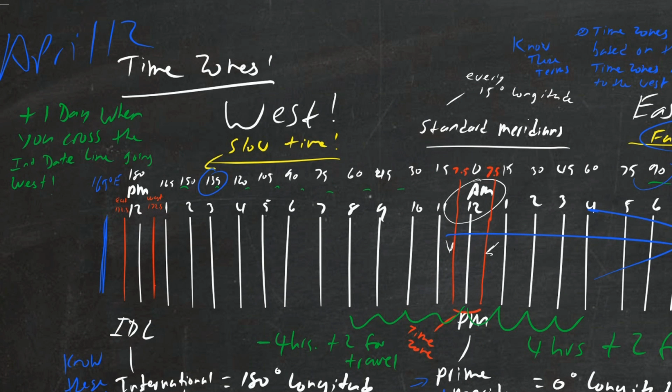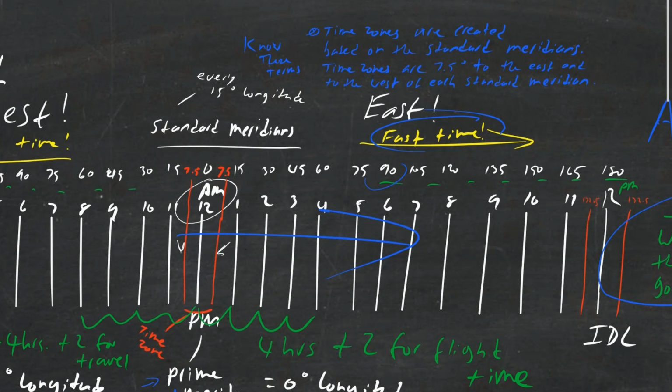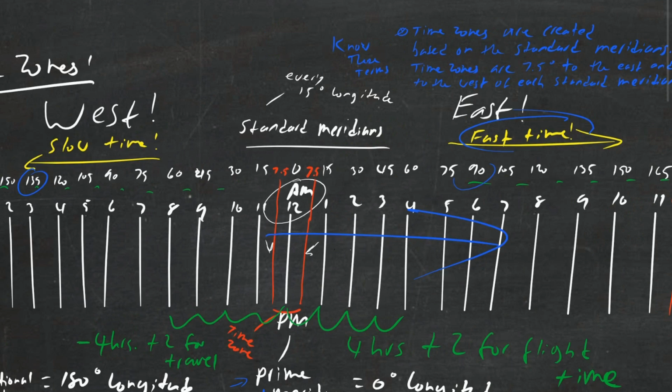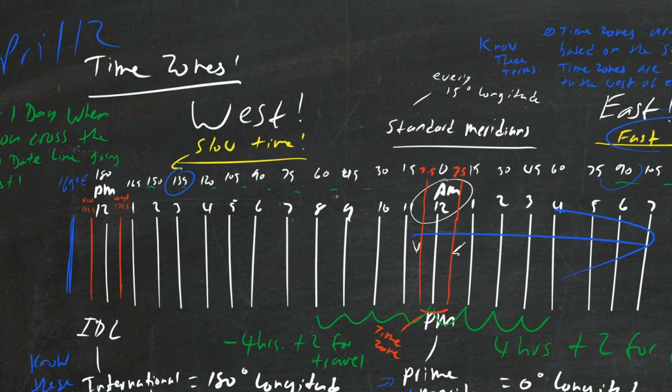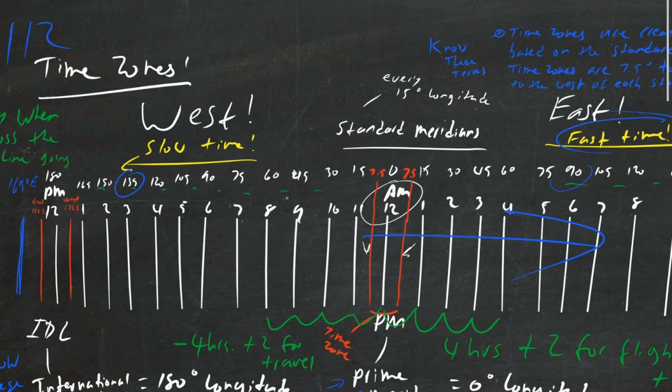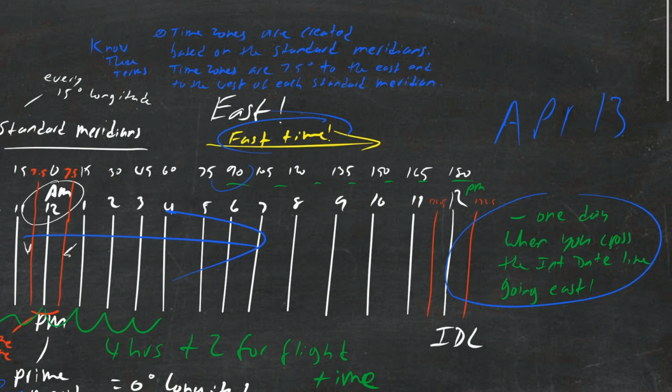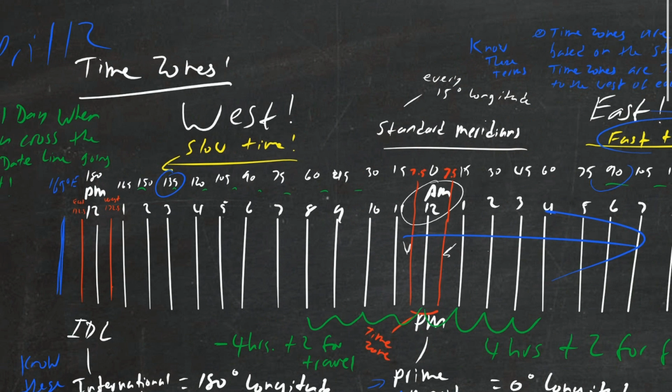So they're going to be 9 hours ahead of me. So if it's 12 o'clock a.m. at the 90-degree mark, then they are going to be 1, 2, 3, 4, 5, 6, 7, 8, 9. So it's going to be 9 o'clock a.m. at the 135-degree line of longitude, if it's 12 o'clock a.m. over here. So we had to have taken away a day because it was April 13th, and it's going to be April 12th over here at the same time as it's April 13th at 12 a.m. here.